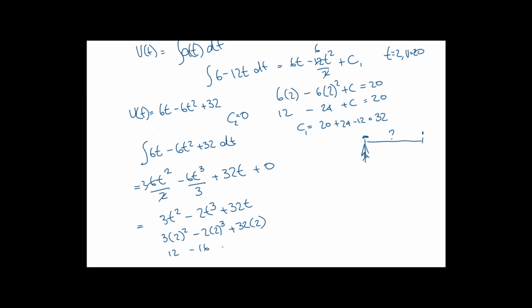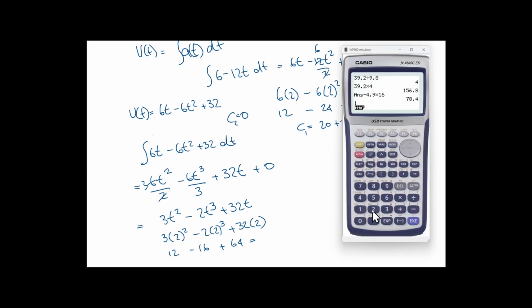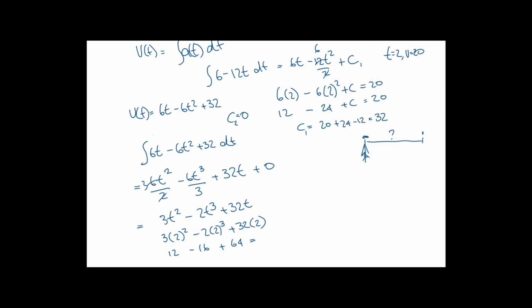And 32 times 2 is 64. So if we add those together, 12 minus 16 is minus 4, plus 64 is 60. So after 2 seconds, it's gone 60 what? Units is 60 meters. And there's our answer.